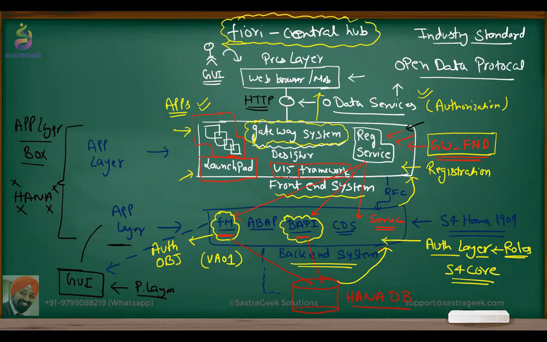Paramita, for the central hub scenario, do we need a Fiori server? Yes. When we say Fiori server, or front end system, this is basically your gateway system, which we require with the central hub scenario. Okay.